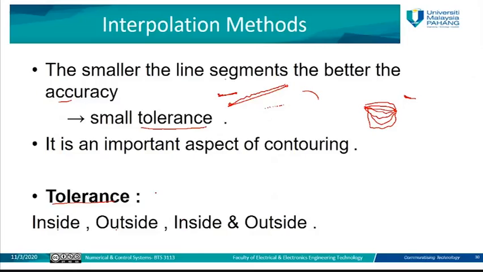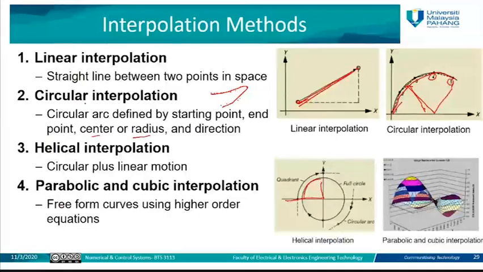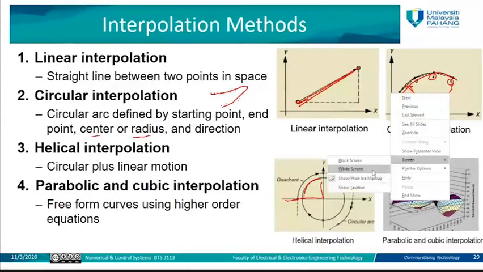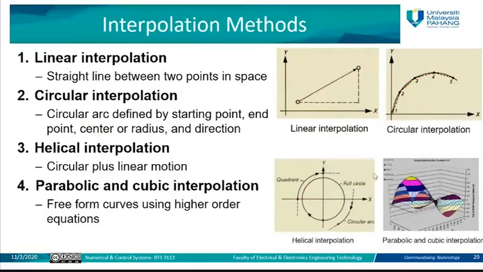When we talk about the second type here, which is circular interpolation, you can see here this is point 1, point 2, point 3, point 4. You can see the dashed lines which connect point 1 and point 2.